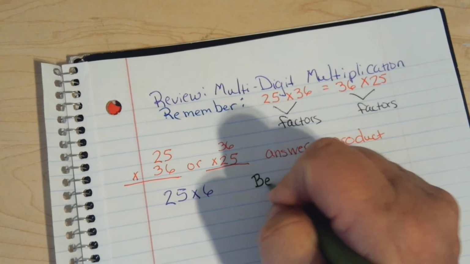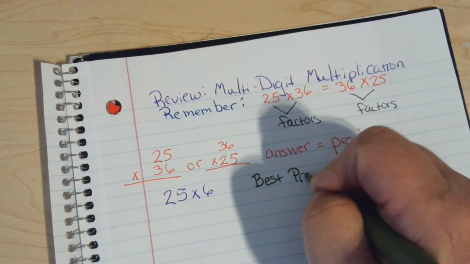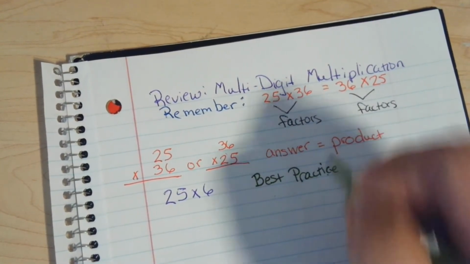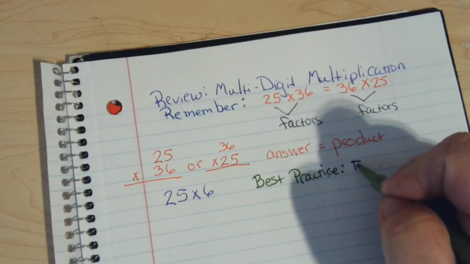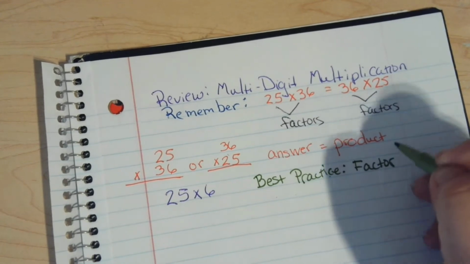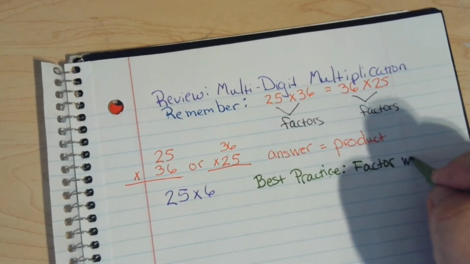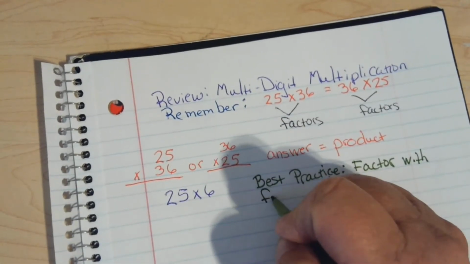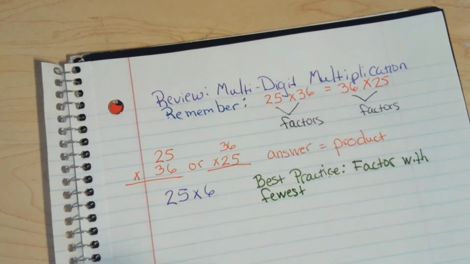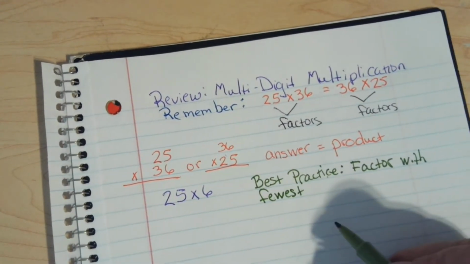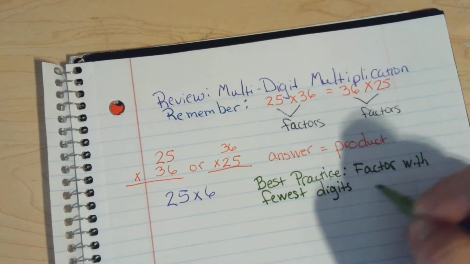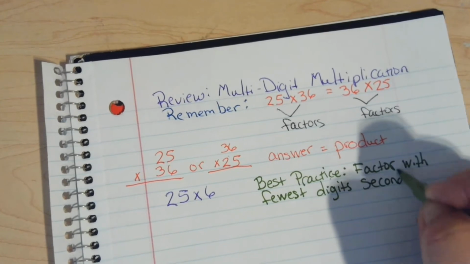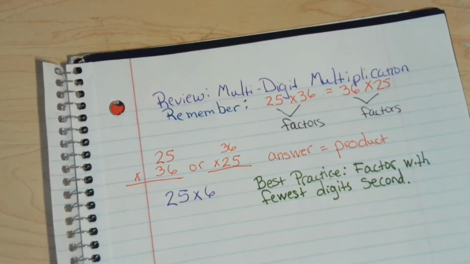The best practice is that I should put the factor with the fewest digits second, or on the bottom, okay? And I'm going to explain to you why in just a moment.